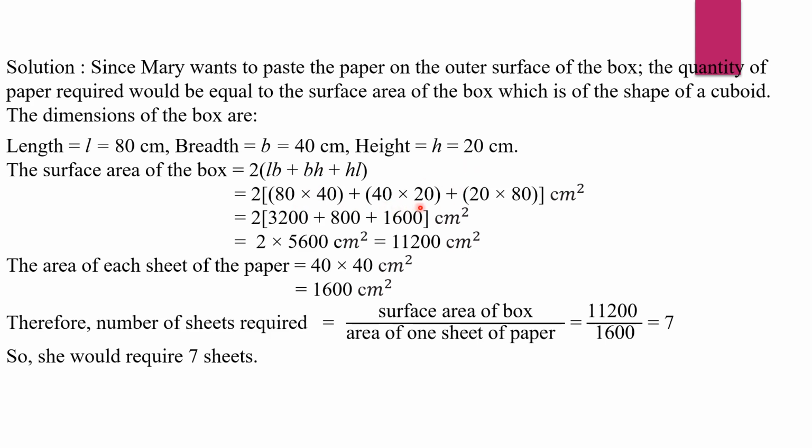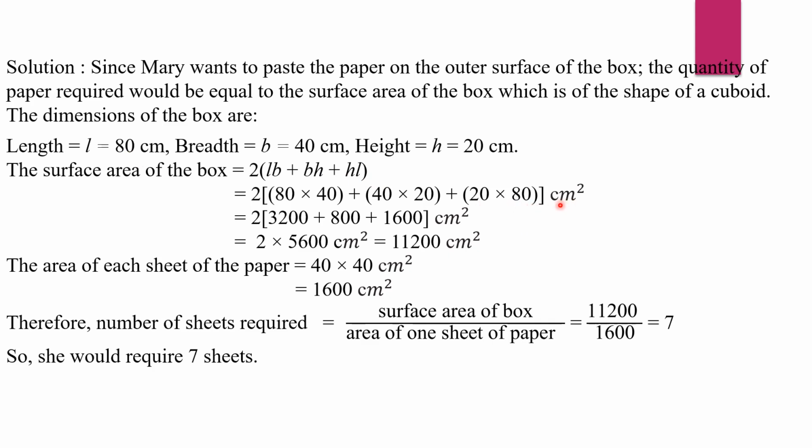So 40 into 20. Understood the second term? Plus, come to the third term, HL. What is the value of H here? 20 into, what is the value of L here? 80. So 20 into 80. Understood this third term, my children?